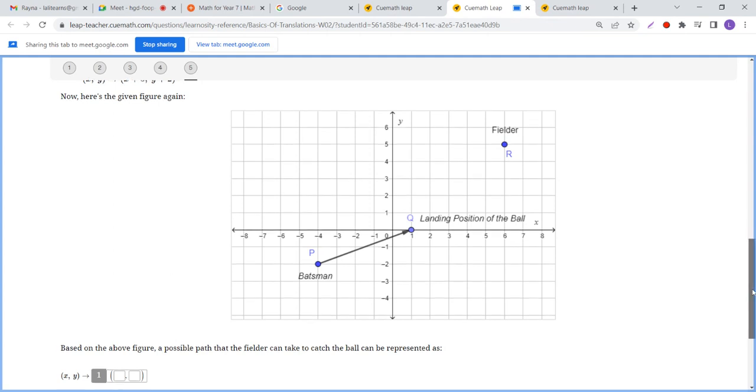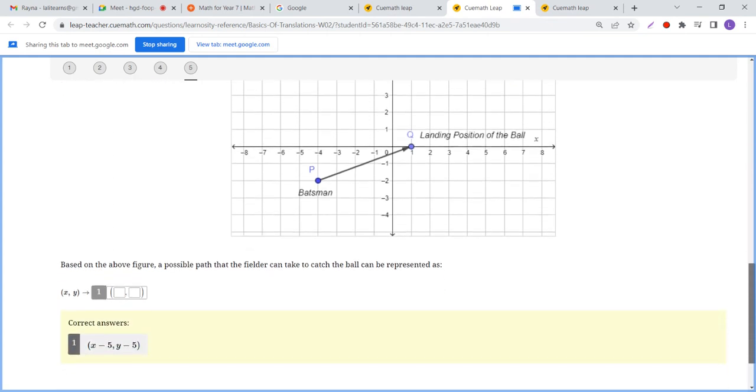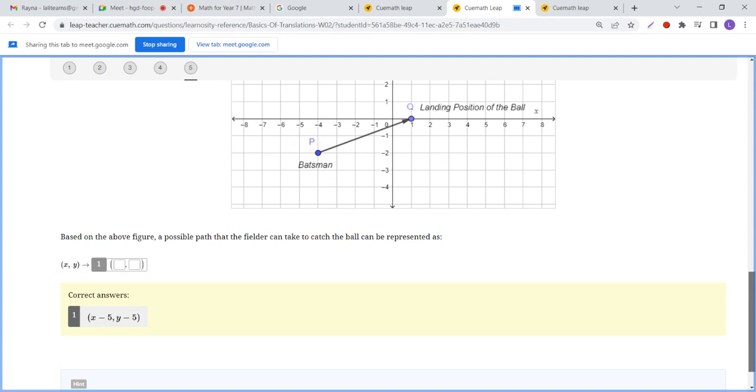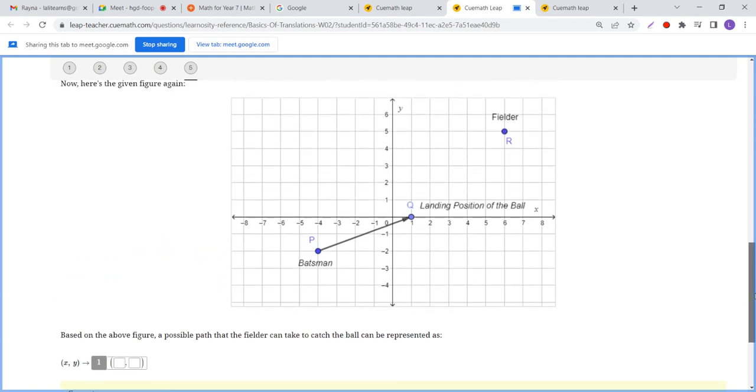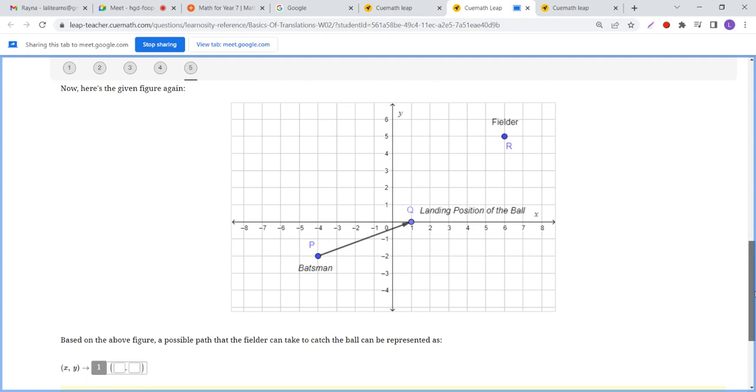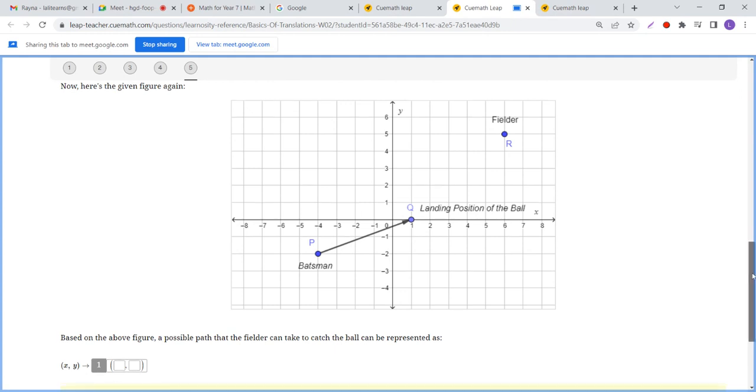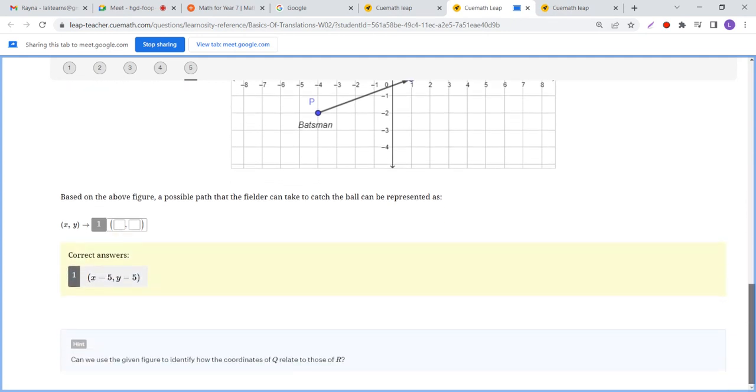No, negative, minus 5. X minus 5 and y minus 5. Why? He's moving down from 5 to 0. That is negative. He's moving x from 6 to 0. That is negative. That is less. That's why it's negative.